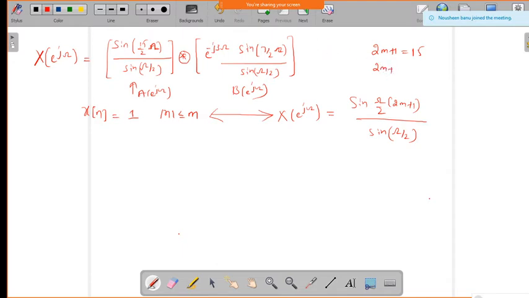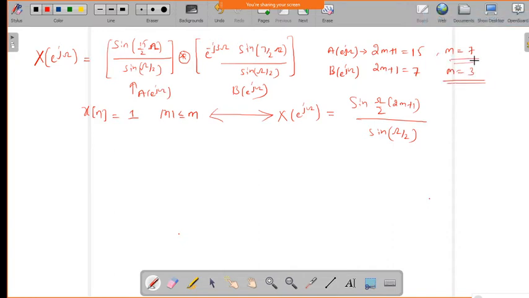So in A of e power j omega the 2m plus 1 value is 15, and similarly in B of e power j omega the 2m plus 1 value is equal to 7. Now find out m: 2m plus 1 equal to 7, so here the value of m is equal to 3.